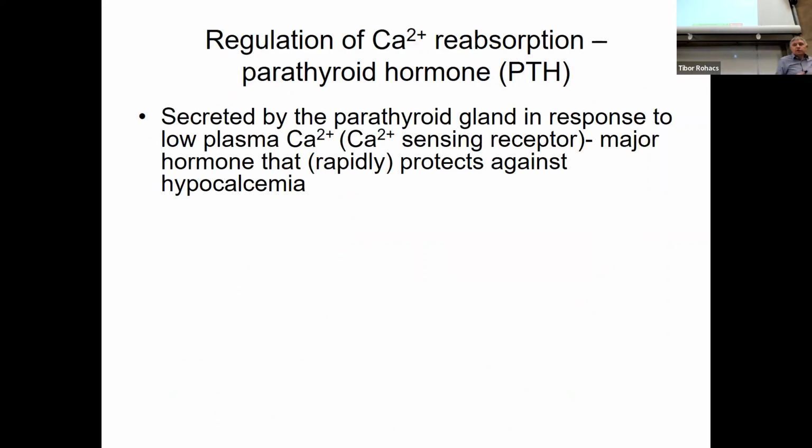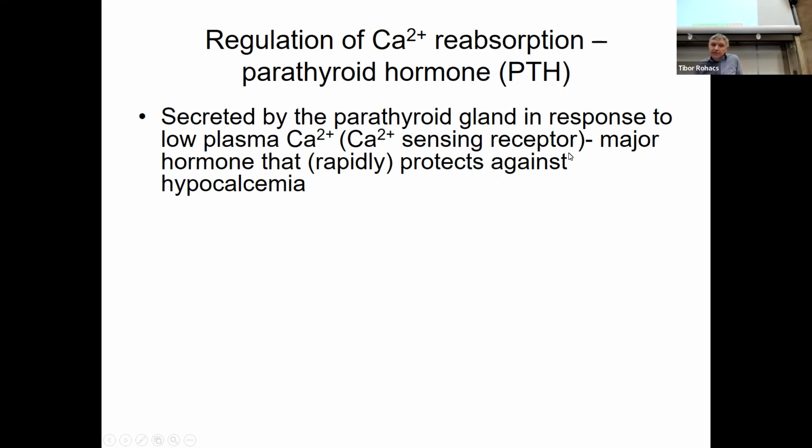So the regulation of calcium reabsorption is mainly done by parathyroid hormone. Parathyroid hormone, or PTH, you will learn in more detail at the endocrine physiology lectures. Here I only mentioned the key parts to understand the kidney. It's secreted in the parathyroid gland in response to low plasma calcium concentration. Low plasma calcium is sensed by this G protein coupled receptor, which is called the calcium sensing receptor.